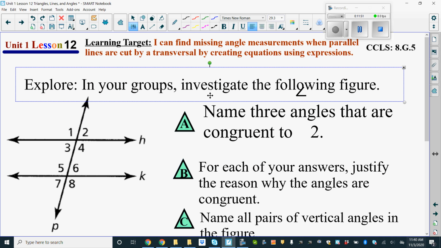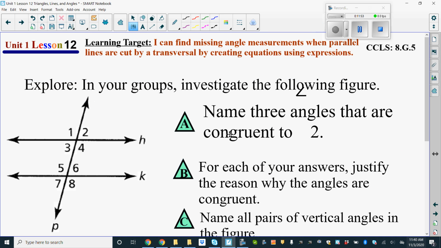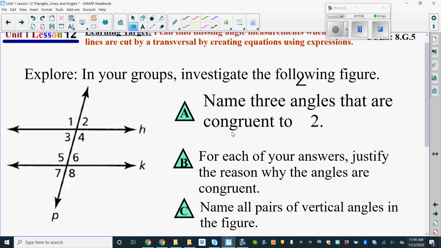Okay, so part A is saying to name 3 angles that are congruent to 2. To find all of the congruent angles, I'm going to draw the zigzag. If you want to look at it this way, 2 is an acute angle, so if you just look for all of the acute angles, they will be equal to each other. 2 goes to 3, which is an acute angle. 3 crosses to 6, which is an acute angle.